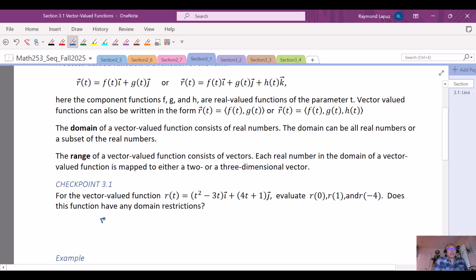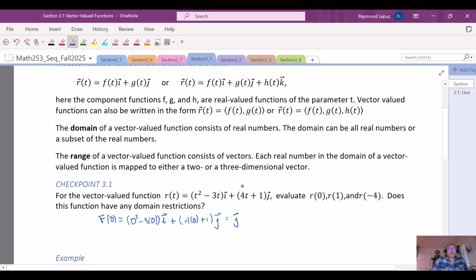So r of 0, for example, is going to be 0 squared minus 3 times 0 in the i direction, plus 4 times 0 plus 1 in the j direction. So this is going to be 0 in the i and then 1 in the j. So that's just j.